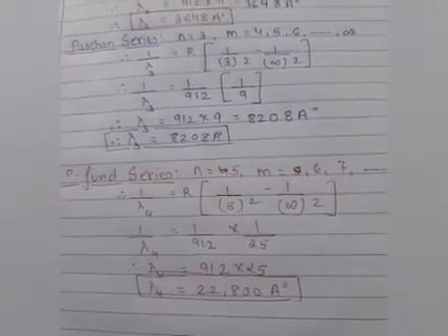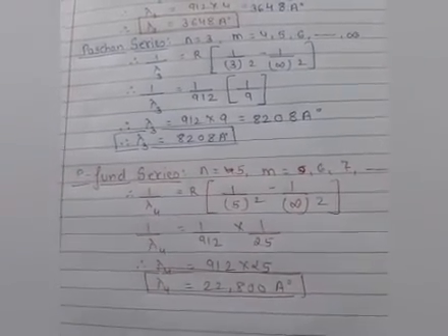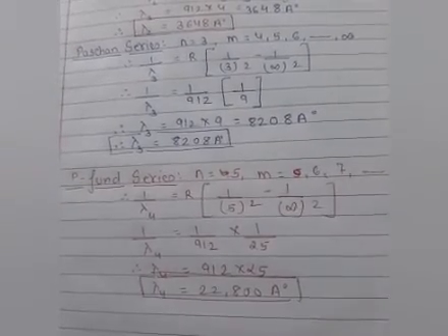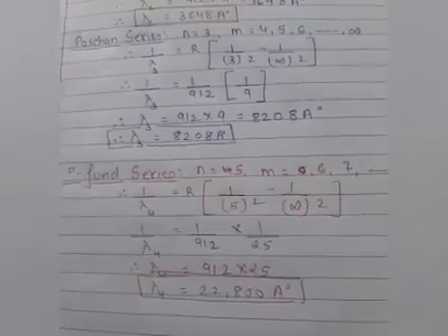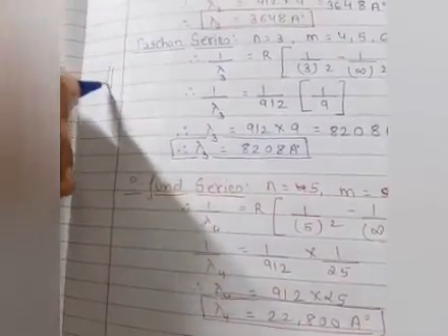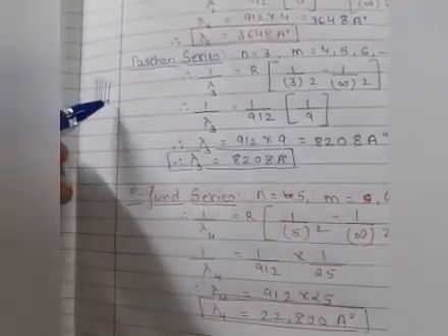Yes, students, in this way we can find out the wavelength of the limiting value of these series. In the previous question you had to find out, only inside the Paschen series, the different wavelengths of the lines present in the infrared light.